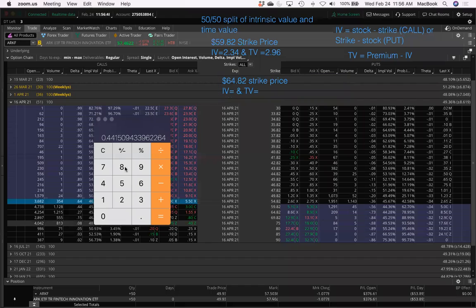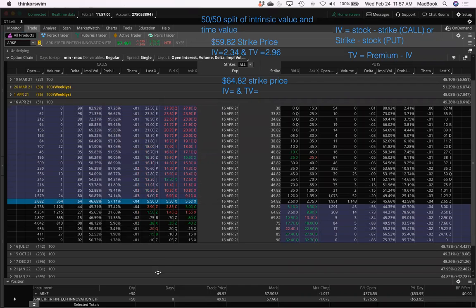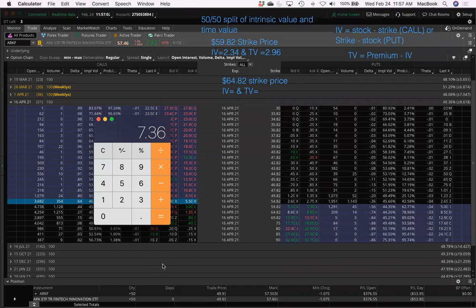So let's do the math real quick. 64.82 minus 57.46. So we have 7.36 of intrinsic value.